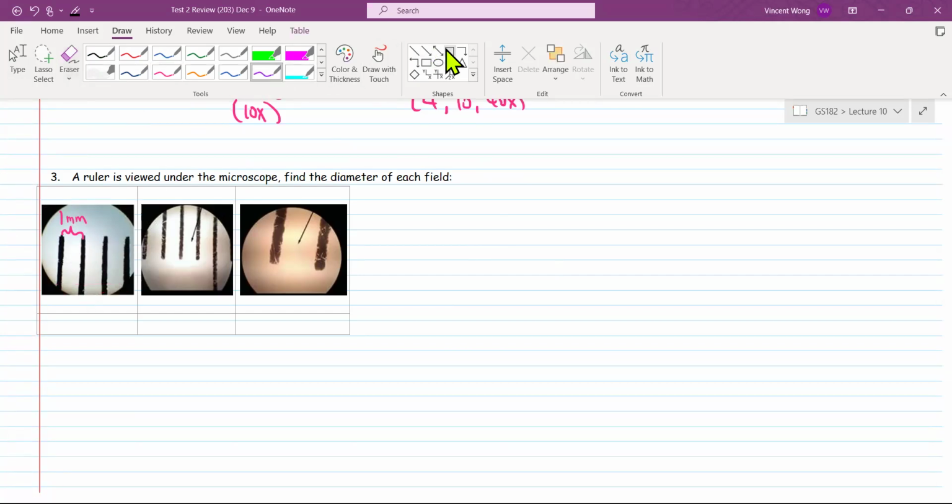The diameter of a circle is going to be right across the middle. So here you can see 1, 2, 3, 4 and a bit, 4.5, we can say. So that's 4,500 micrometer. Okay, yeah, I mean you can do 4.5 millimeter first, and then times 1,000 to convert it into micrometer.